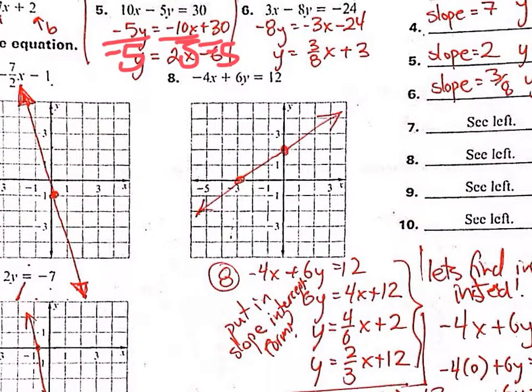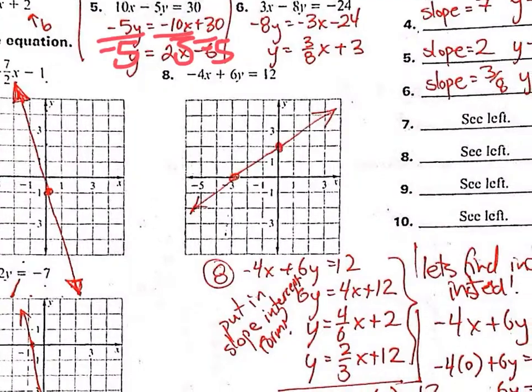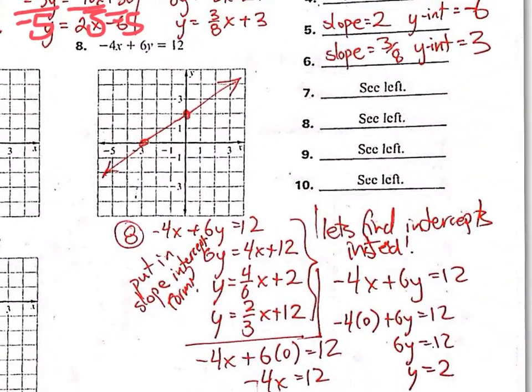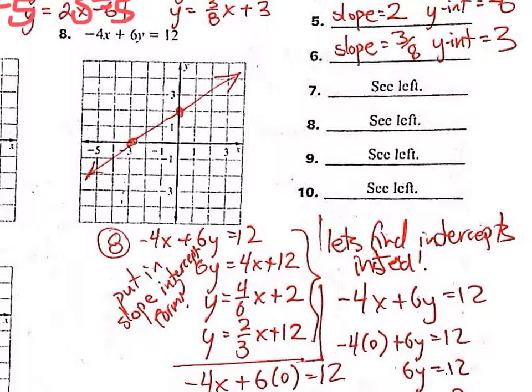Number 8, I am going to solve for intercepts. At first, I was going to add 4x to both sides, and then divide both sides by 6, and I get this. So we divided both sides by 6.